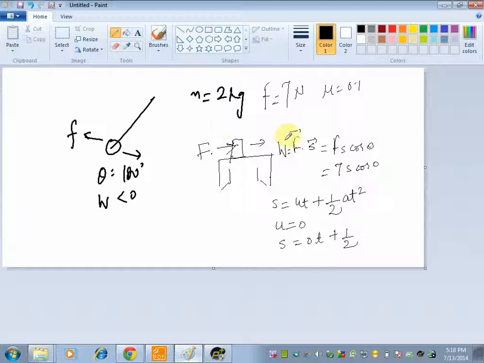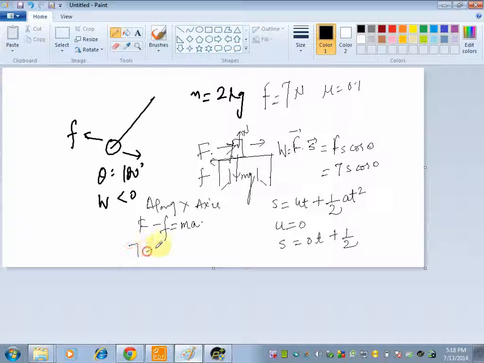Force is 7, but one more force is acting here, that is friction force, and normal force and gravitational force are also acting here. So acceleration will be provided by this formula. It is the equation for this object along the x-axis.